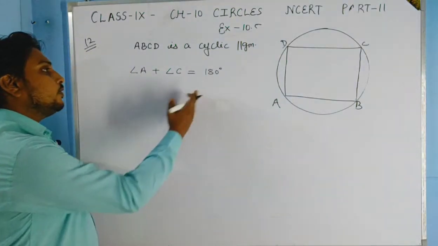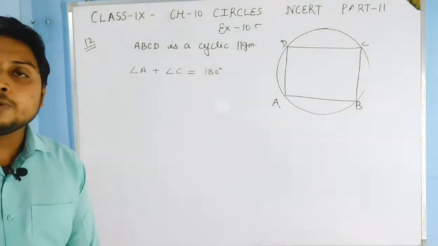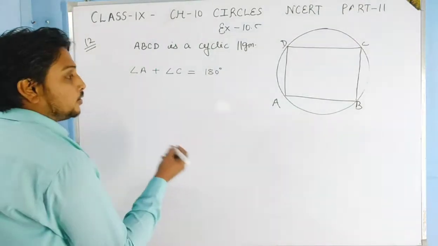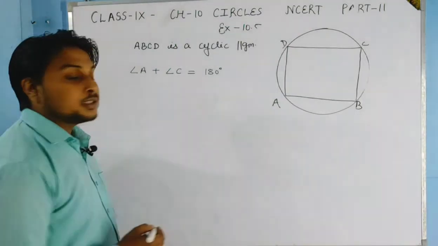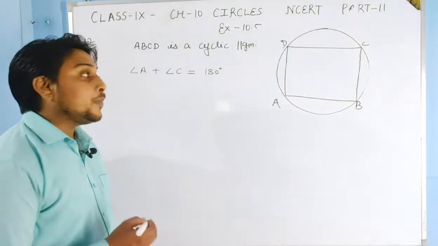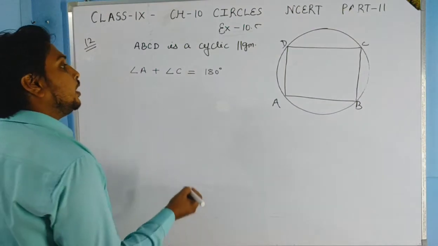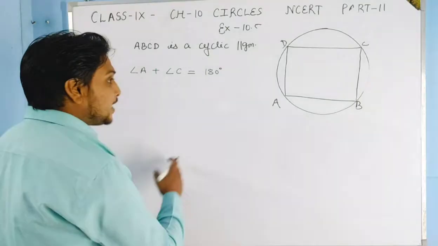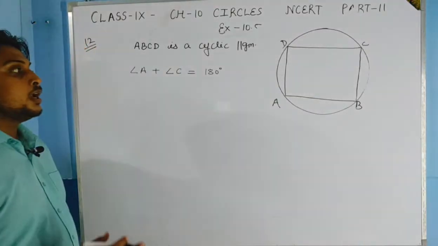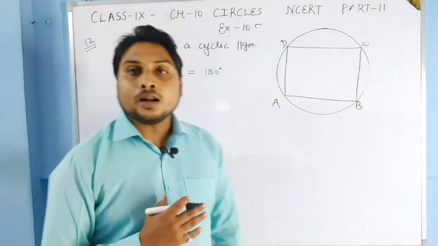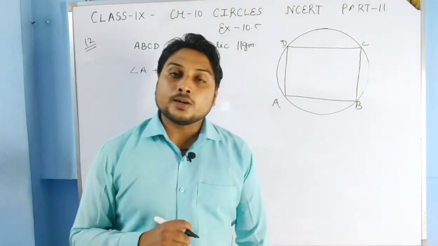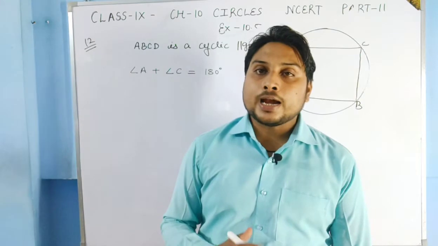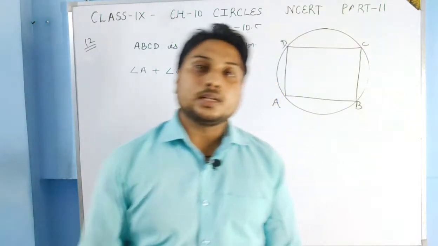So here you can give the equation that angle A plus angle C is 180 degrees. After that, it is also given that this quadrilateral is a parallelogram. In a parallelogram, you know very well that adjacent angles are supplementary and opposite angles are equal.